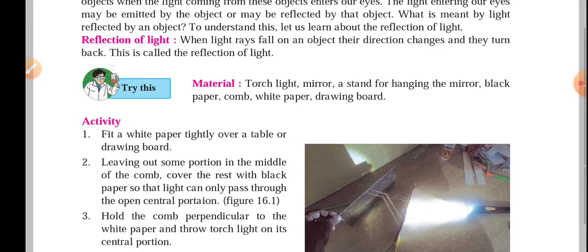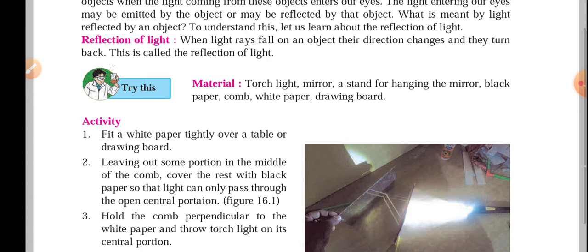To talk a little more about the reflection of light, here is one example from our day-to-day life. In childhood, every child plays with this kind of thing. If a small child has a torch in hand, what do they do? They glow that torch and face it towards the mirror.